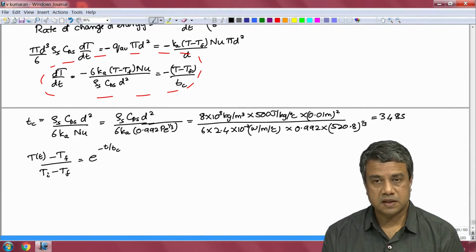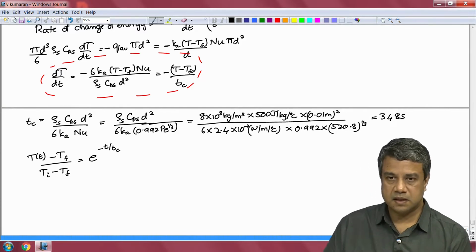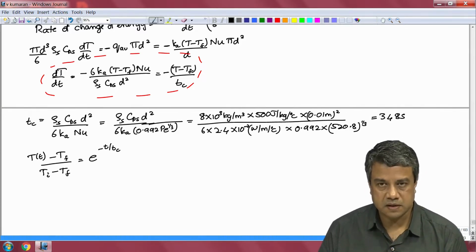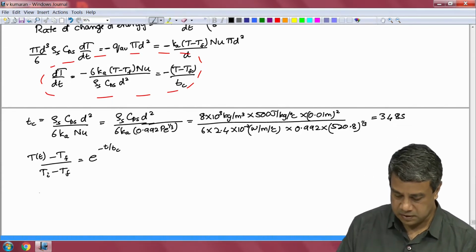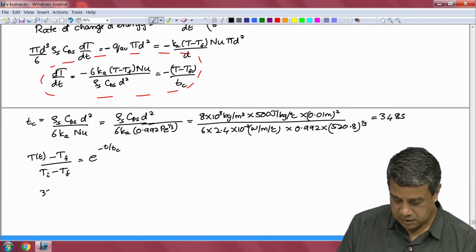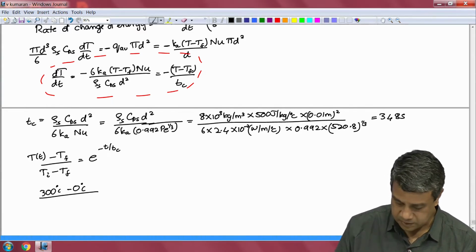We need to know what is the time for which the temperature decreases to 100 degrees centigrade, if the fluid temperature is 0 and the initial temperature is 300. So, 300 minus 0, I am sorry, this should be 100.